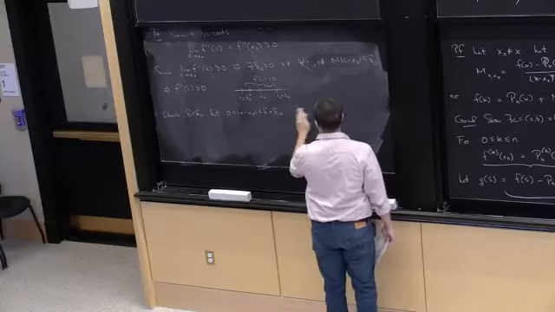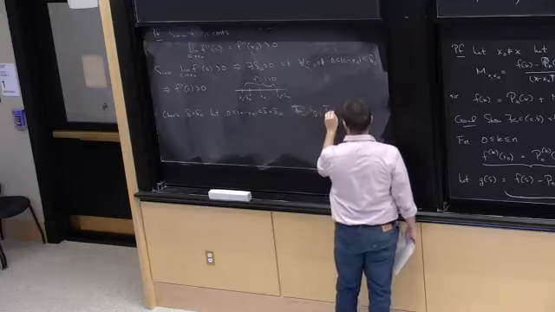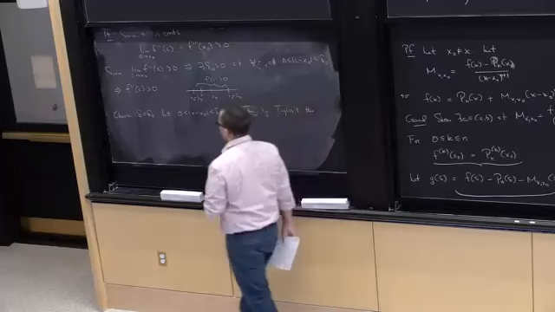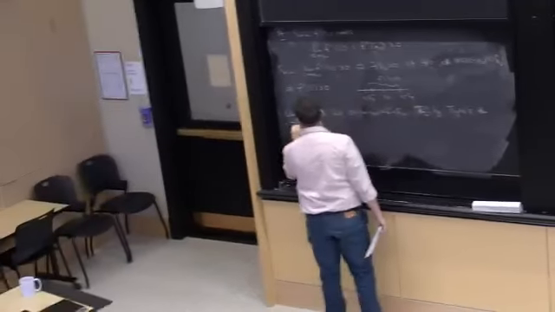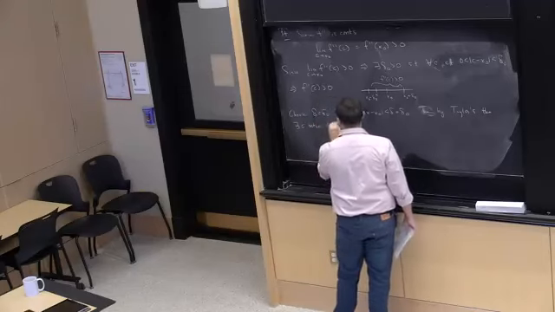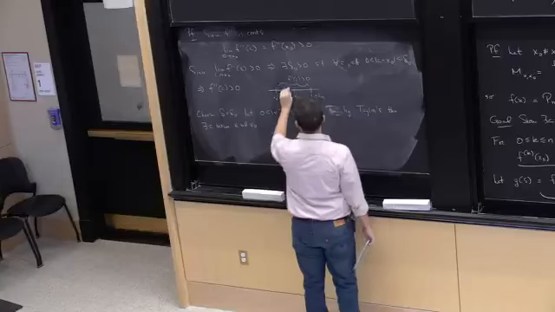Then by Taylor's theorem, there exists a c between x and x0. So here's x.